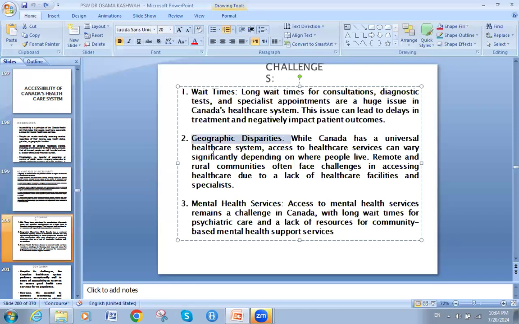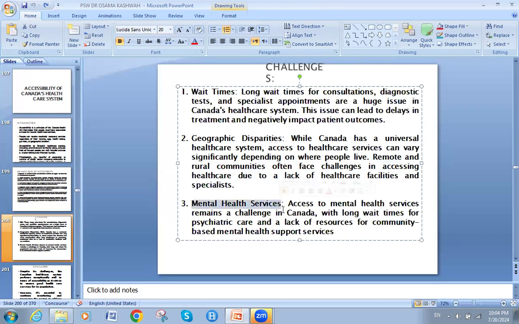While Canada has a universal healthcare system, access to healthcare services can vary significantly depending on where people live, such as remote and rural areas. Canada is the second largest country in the whole world by area.